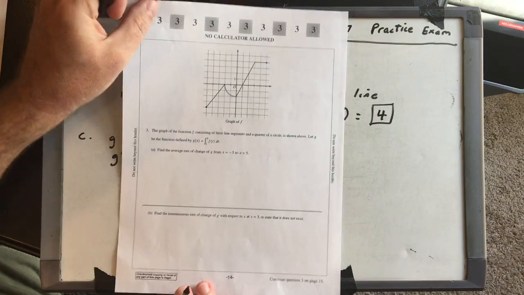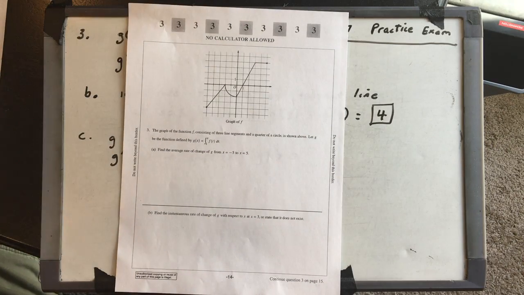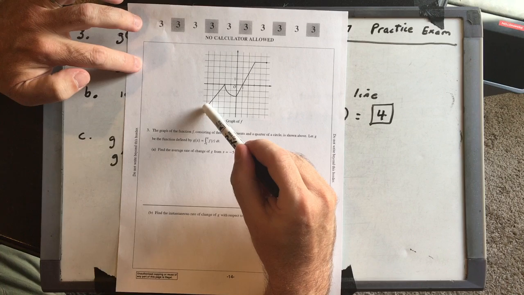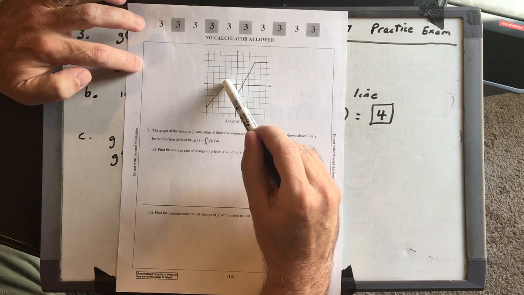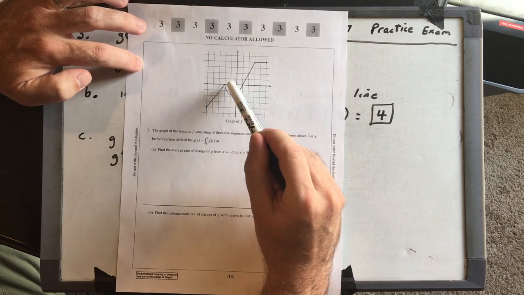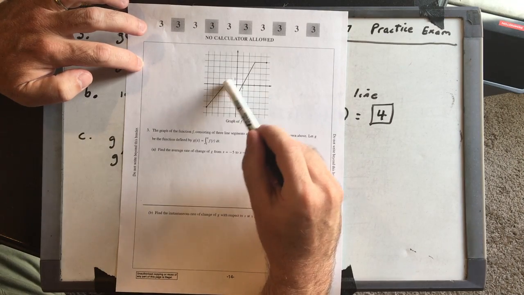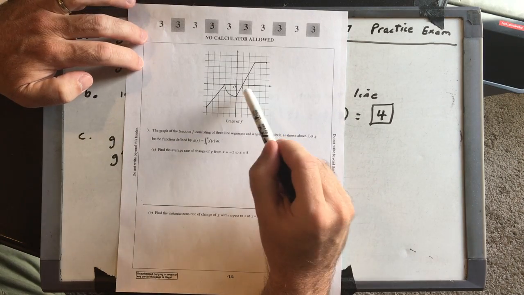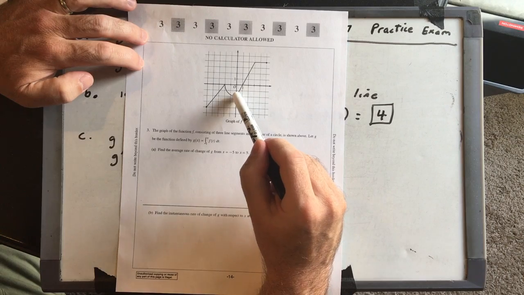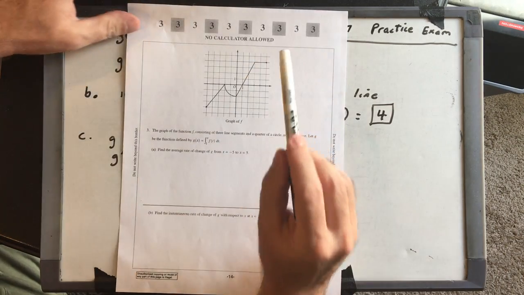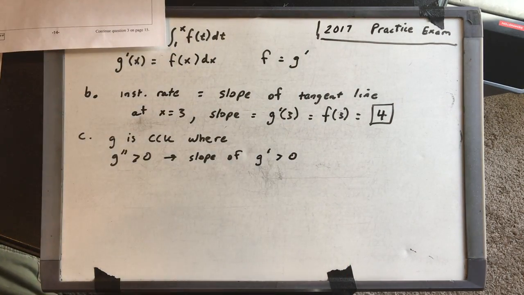So let's take a look at the graph. Where is the slope positive? Well, it's positive from -5 to -2, right? The slope is positive. And then it's positive from 0 to 3. Okay, so where is it concave up?